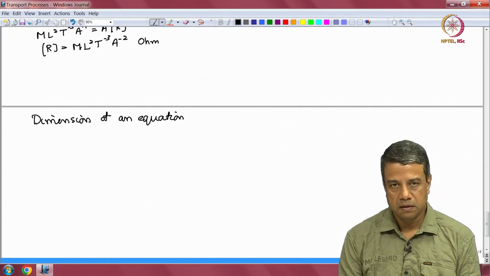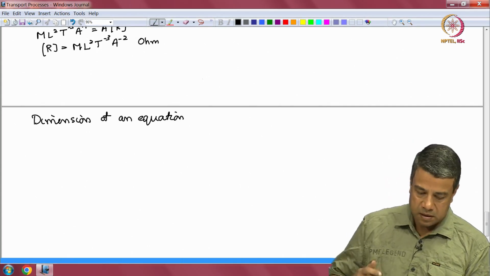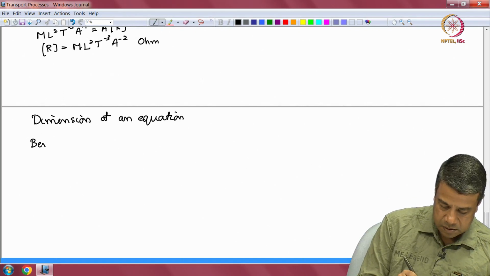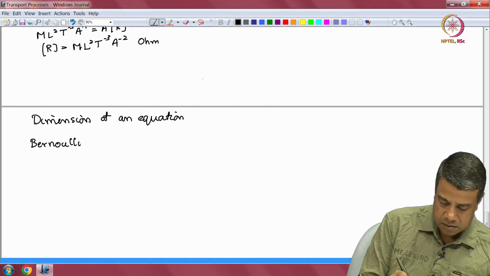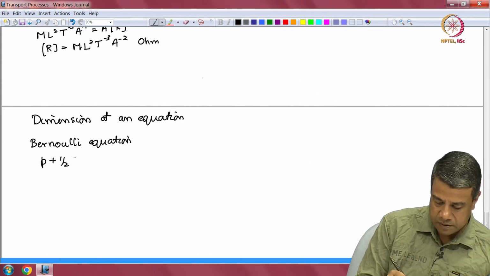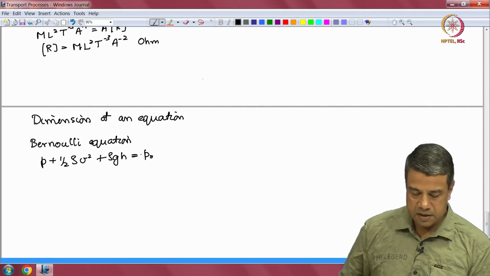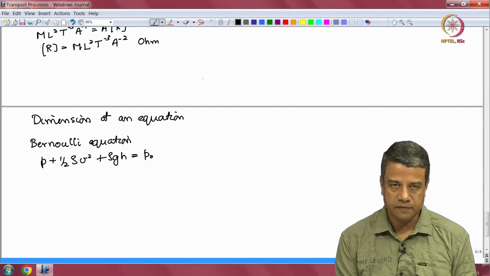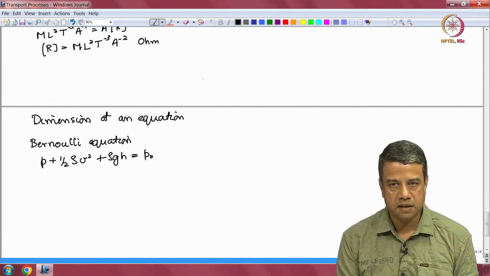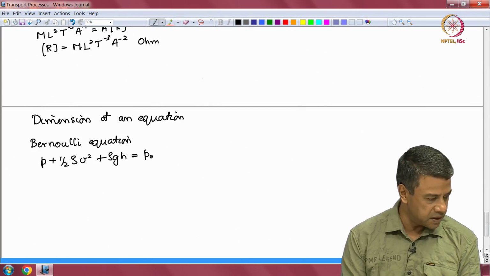For example, let us take an equation that you may be familiar with, the Bernoulli equation: P plus half rho v square plus rho g h is equal to P naught. P is the pressure, rho is the density, v is the velocity, g is the gravitational acceleration, and h is the height. So that is the Bernoulli equation.